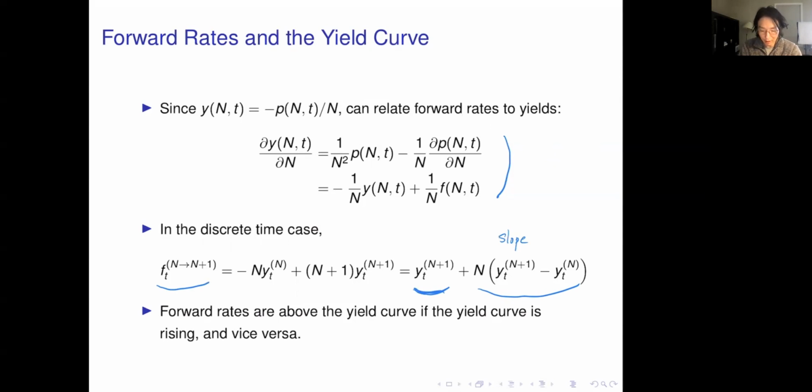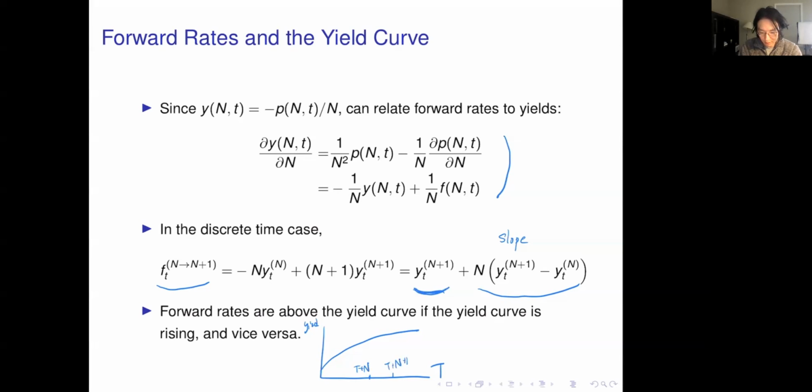So if you draw a term structure, this is time, and this is yield, and this is t plus n, and this is t plus n plus 1.